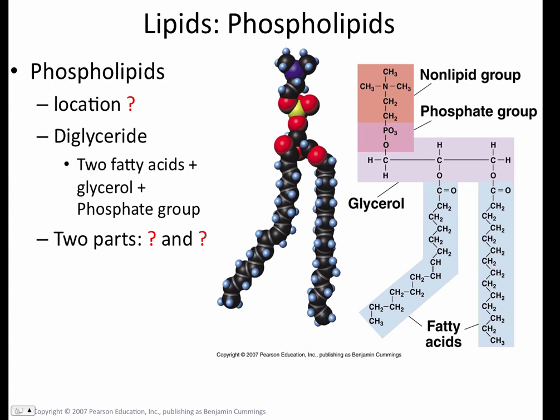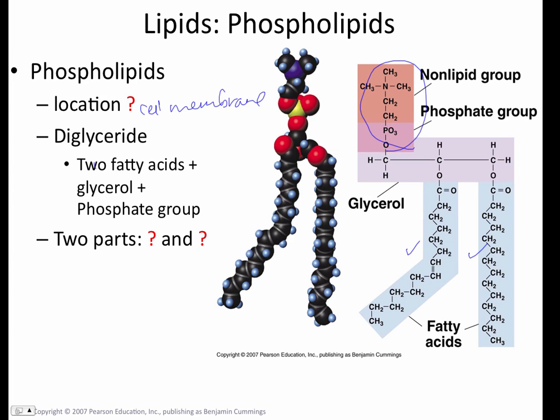Phospholipids location, these are going to be the most abundant type of lipid found within our cell membrane. So location within our cell membrane. These are diglycerides. What does that mean? We have the glycerol backbone, but instead of having 3 fatty acids, we only have 2 fatty acid chains, and we have this phosphate group on the other side.